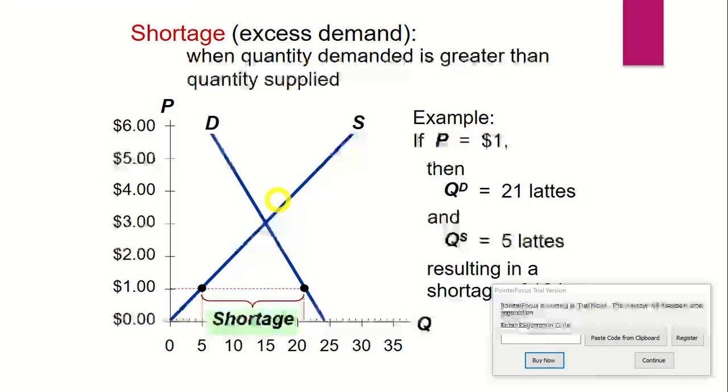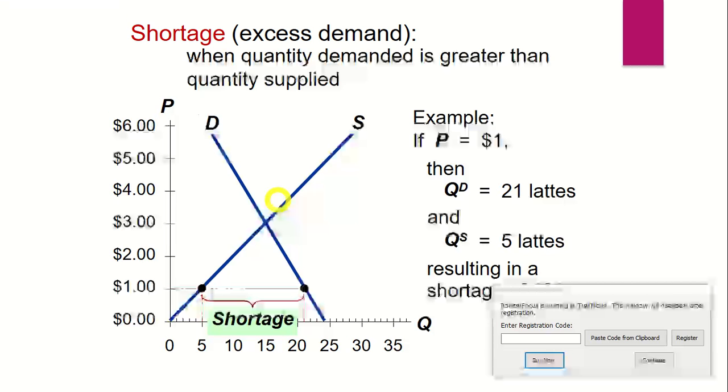Now next comes the shortage, or in other words, excess demand. When the quantity demanded is greater than the quantity supplied, then it is known as shortage or excess demand. Consider that the price of one latte is $1. You like latte and you demand more lattes because it's inexpensive now.